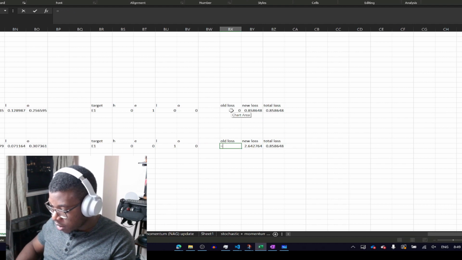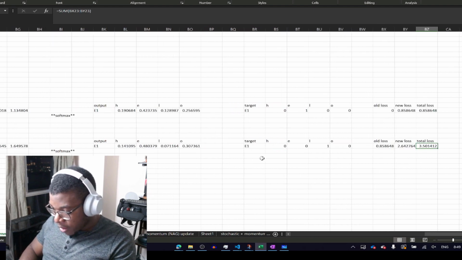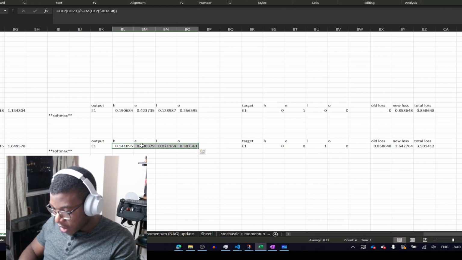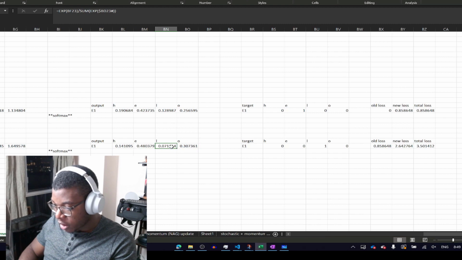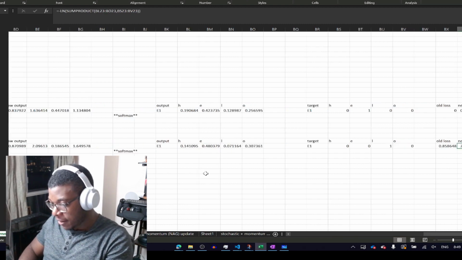Our old loss would be whatever this is. Then now our total loss is now that. And that makes sense because our output is telling us to output E with a very high probability and L with a very low probability. So the loss is quite high for this one.